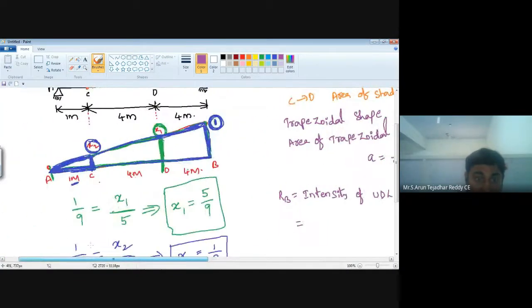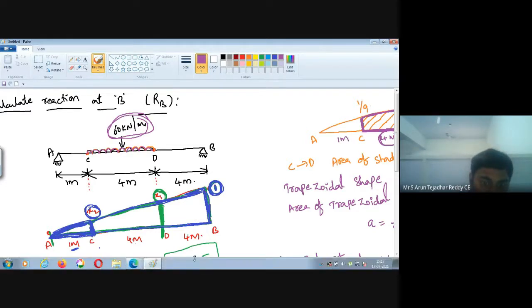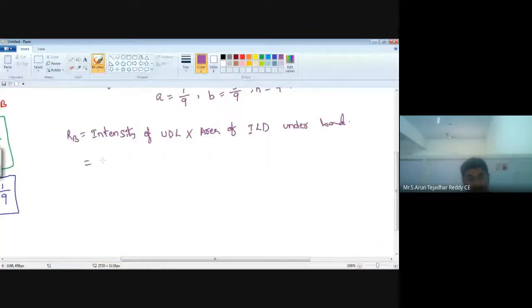Intensity means given load. Given load UDL is 60 kilonewton per meter. Intensity means that is load only. So 60 into area of ILD under the load.